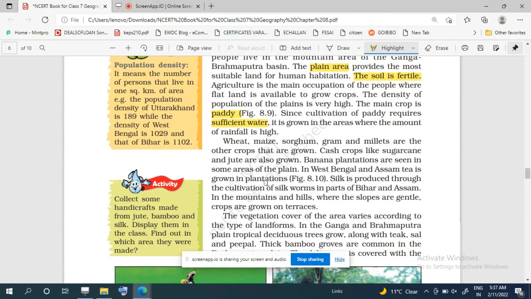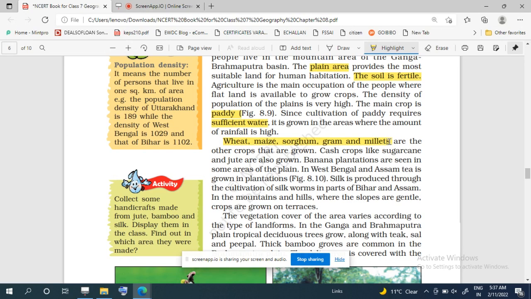Other than the cultivation of rice, some other crops are also grown, like wheat, maize, sorghum, gram, millets. These are the other crops.